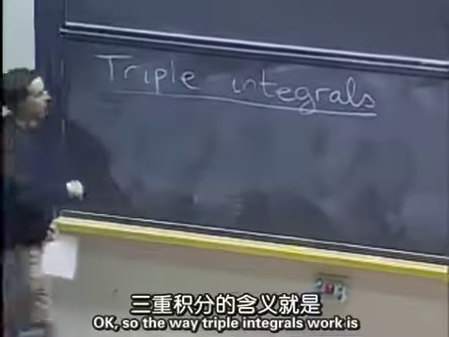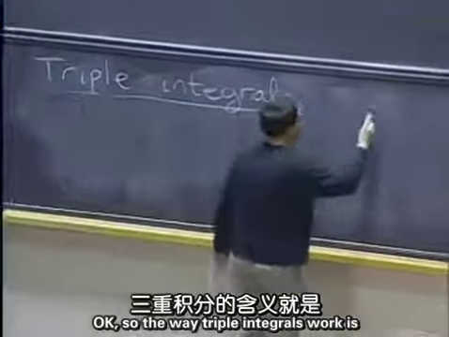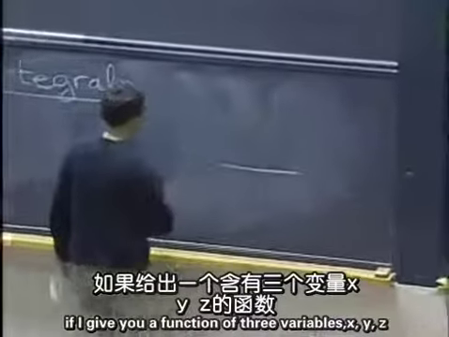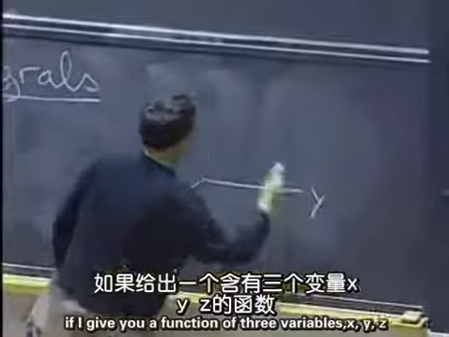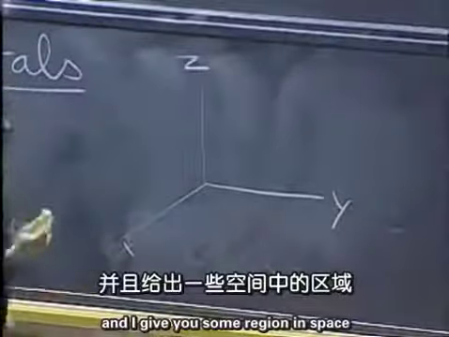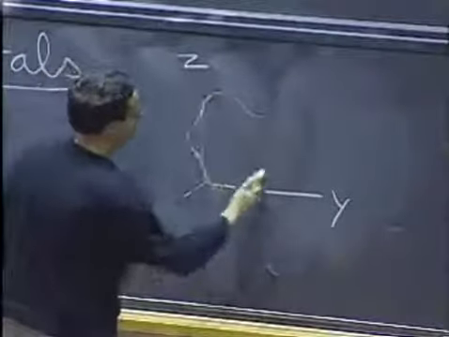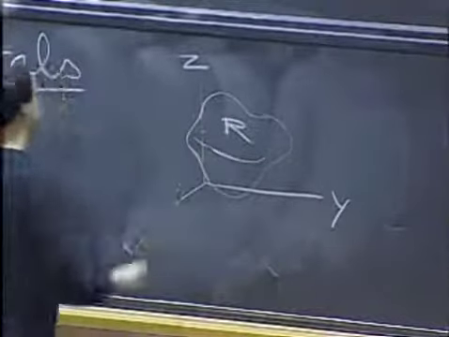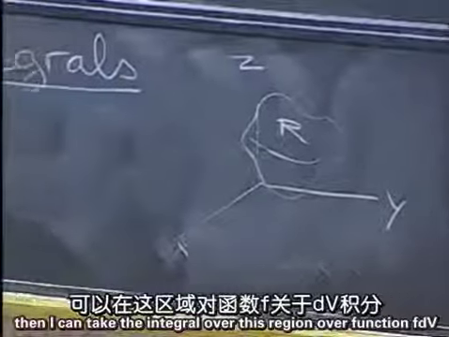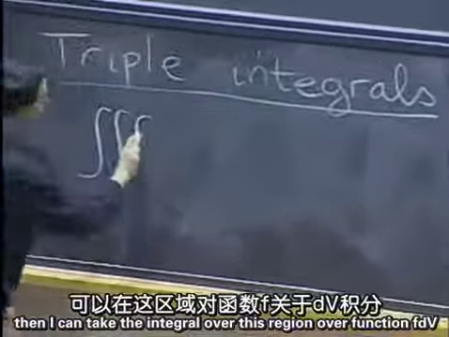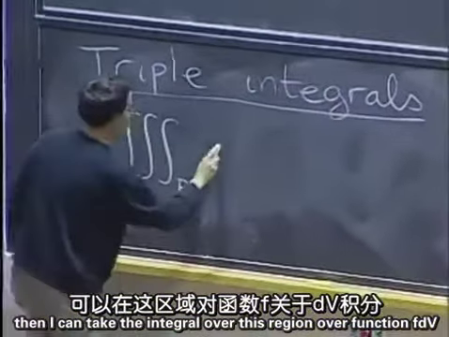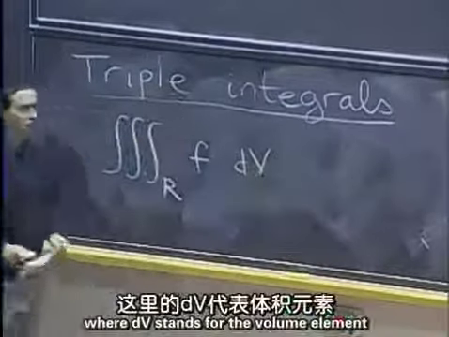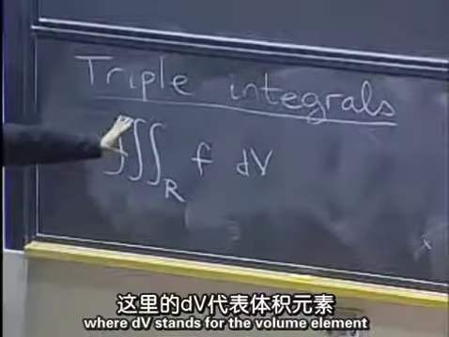Okay, so the way triple integrals work is if I give you a function of three variables, x, y, z, and I give you some region in space, so some solid, then I can take the integral over this region of our function f dv, where dv stands for the volume element.